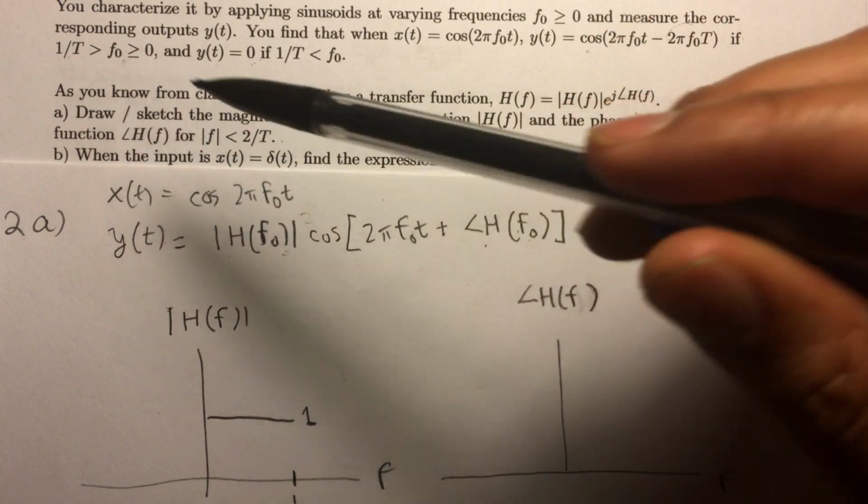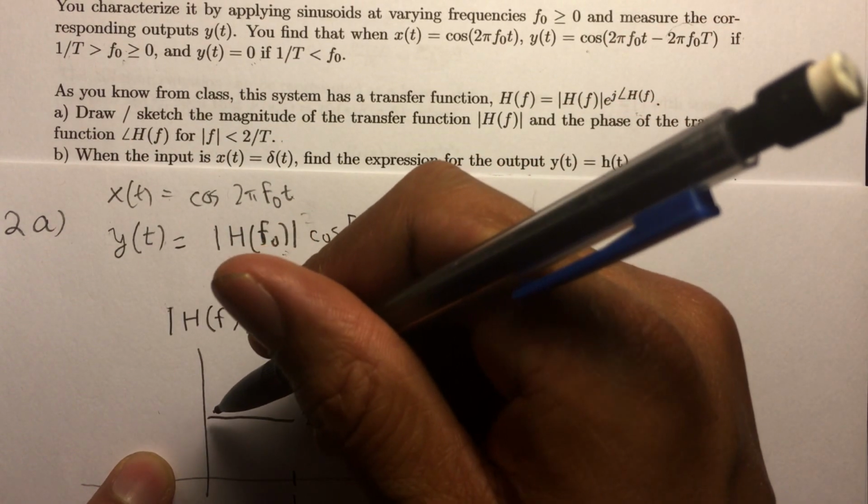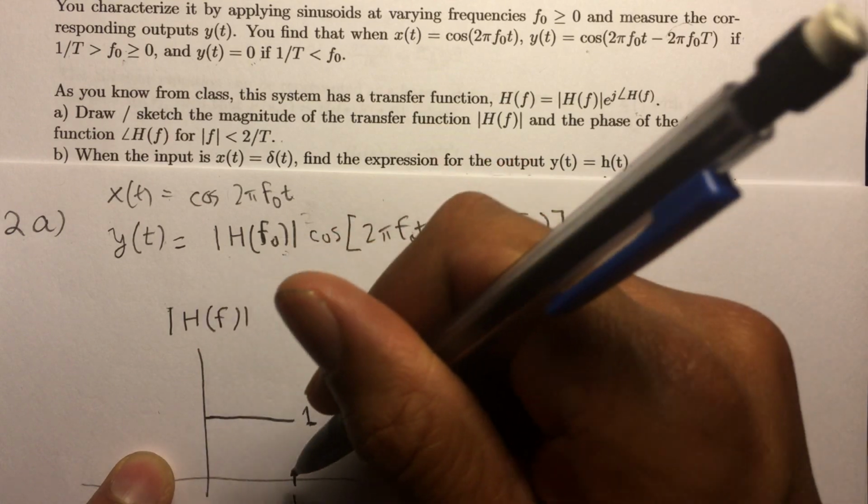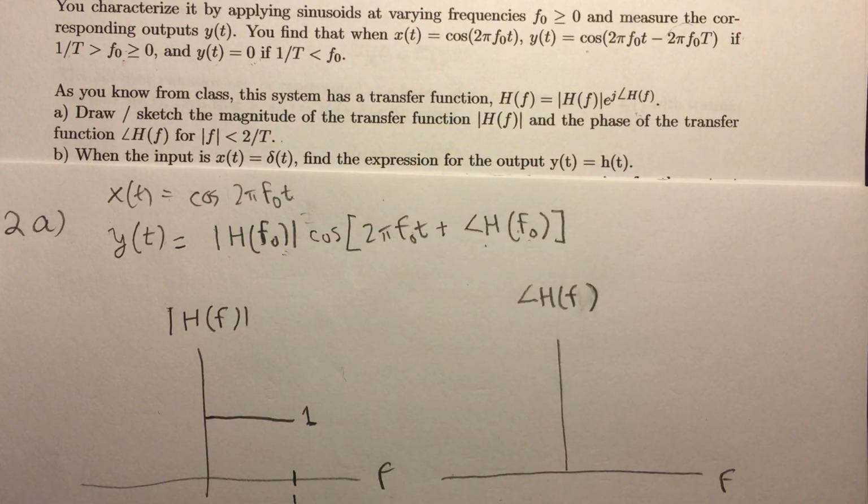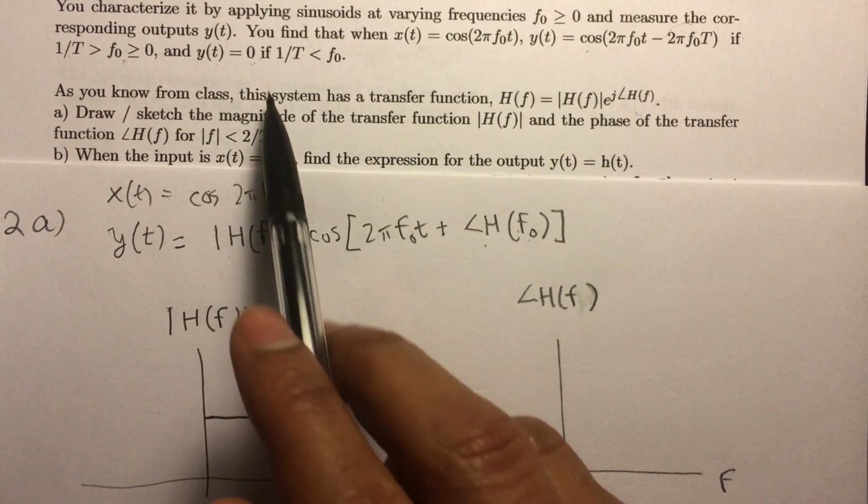And if it's greater than 1 over T, y of t is equal to 0.